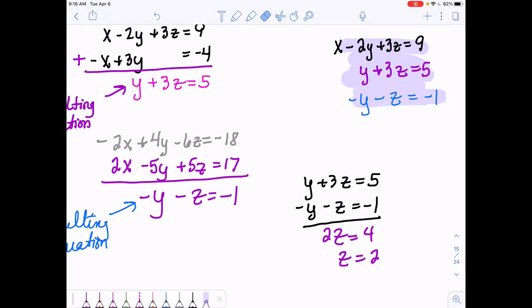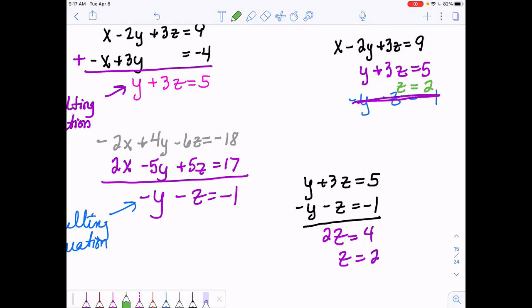So in my form, my final equation was -y minus z equals -1. Well, this equation now, we can replace with z equals 2. And then I have the stair step form.